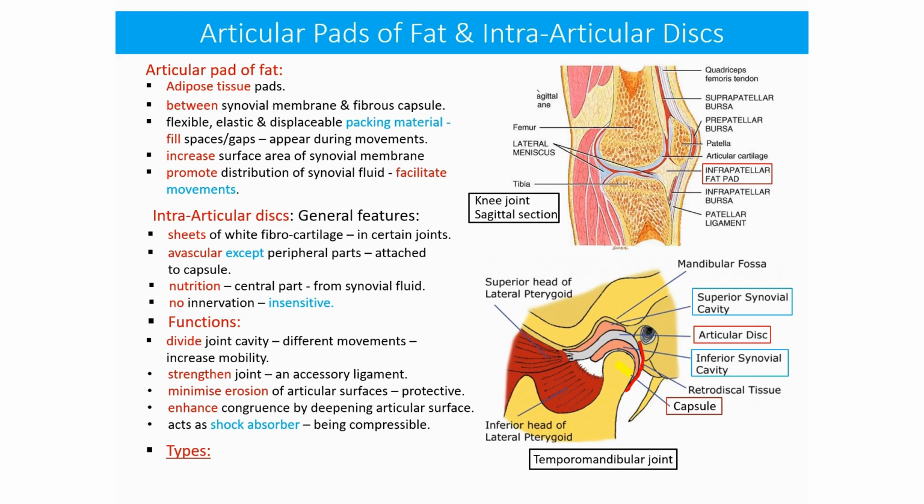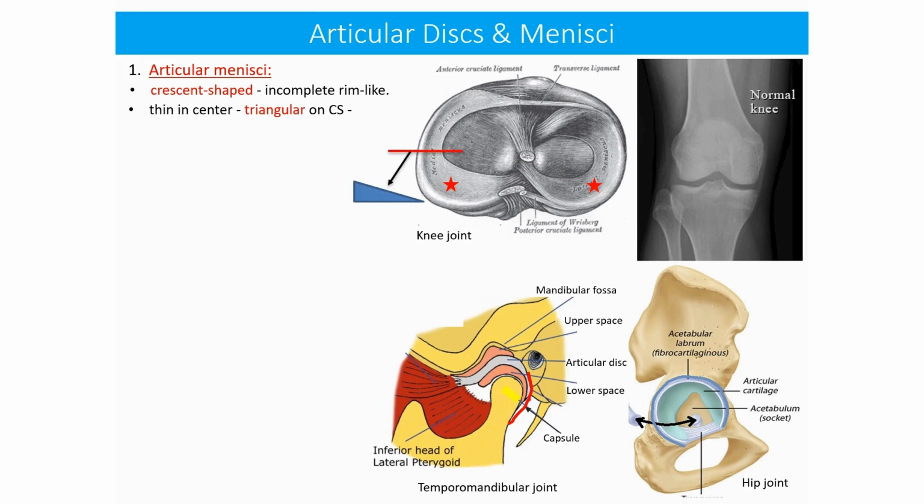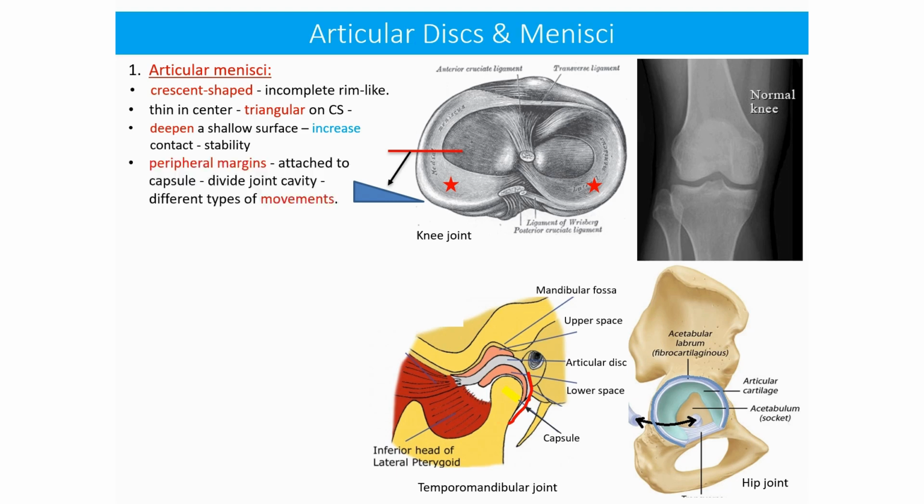The types are: number one is articular menisci. These are crescent-shaped or incomplete rim-like structures which are thin in the center and triangular on cross-section. Hence, they deepen an articular surface and increase the contact between the articular surfaces, providing more stability.